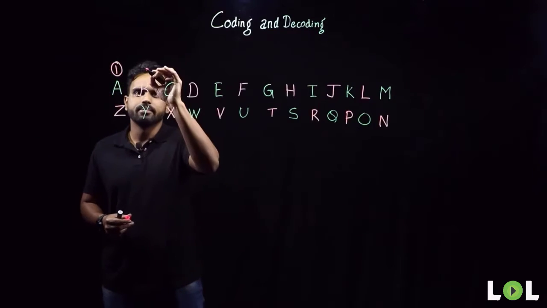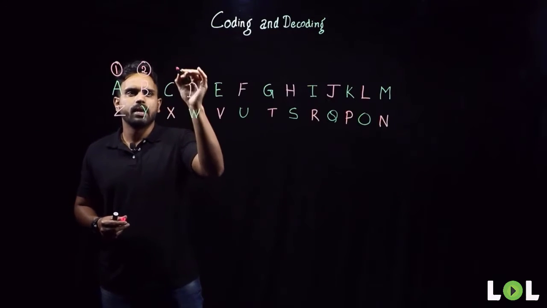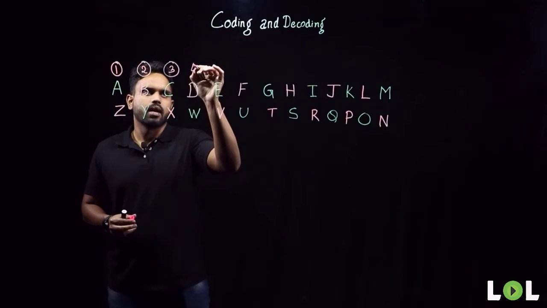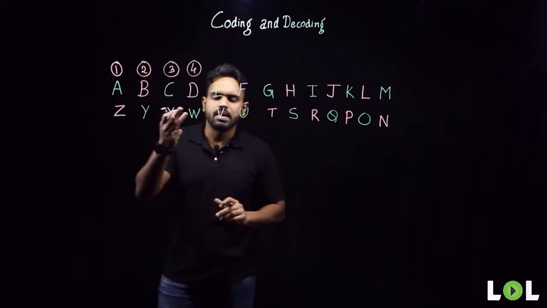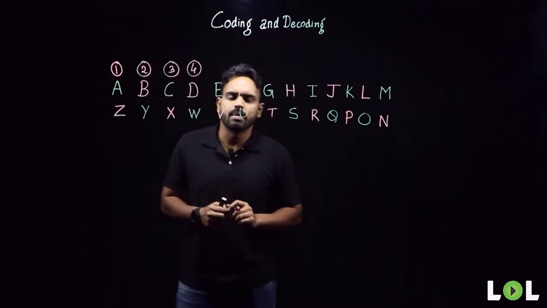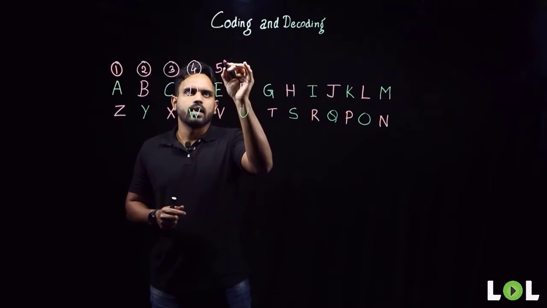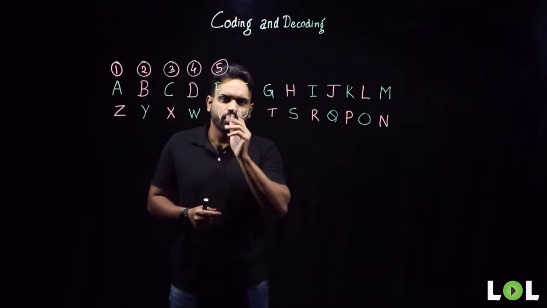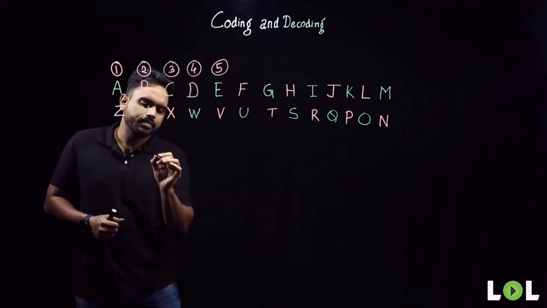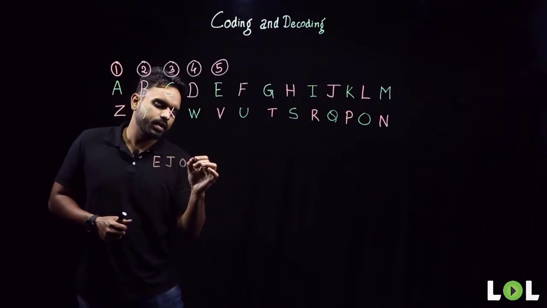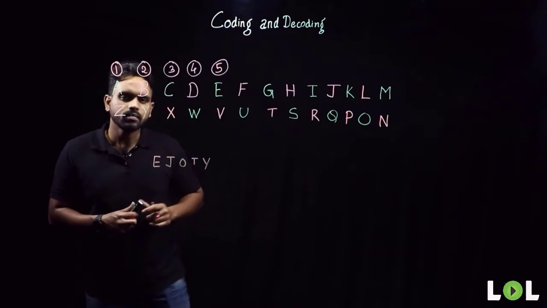So anybody, any problem memorizing 1 for A, 2 for B, 3 for C, and 4 for D? A, B, C, D, 1, 2, 3, 4. We can remember this. What about E? E is 5. And for this, we will be taking up Ejoti. E-J-O-T-Y.